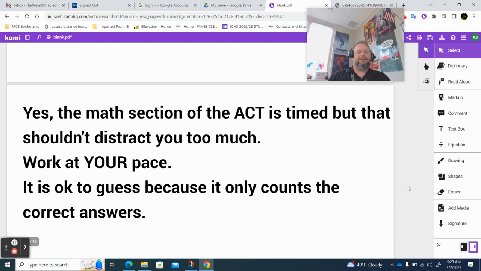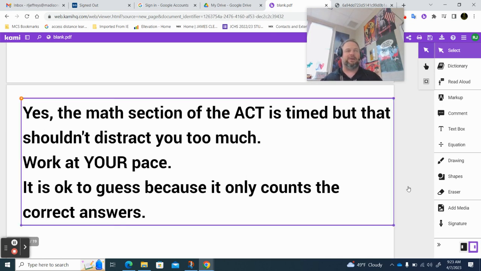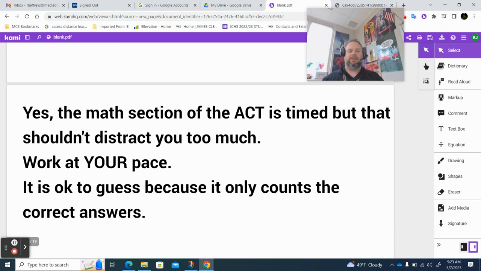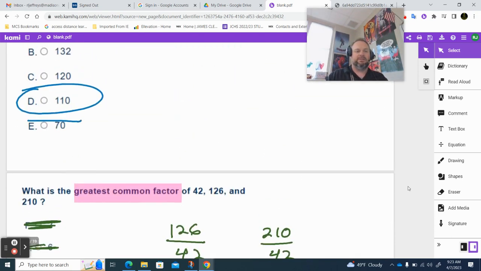Okay. Here's the deal. If you work at your own pace, be really sure about the ones you're answering. Okay. And it's okay to guess because it only counts the correct answers. So if you're working through and you're like, wow, I've only done 20 of the 60, okay, well, look at the patterns.